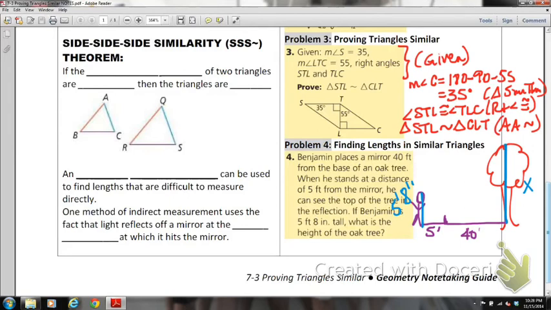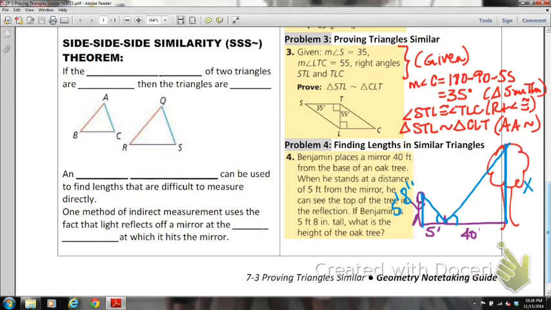So what you need to do is make similar triangles out of this. If we go from Benjamin to the mirror, and then from the mirror up to the top of the tree, these angles down here at the mirror are the angles of reflection, and they are congruent angles.